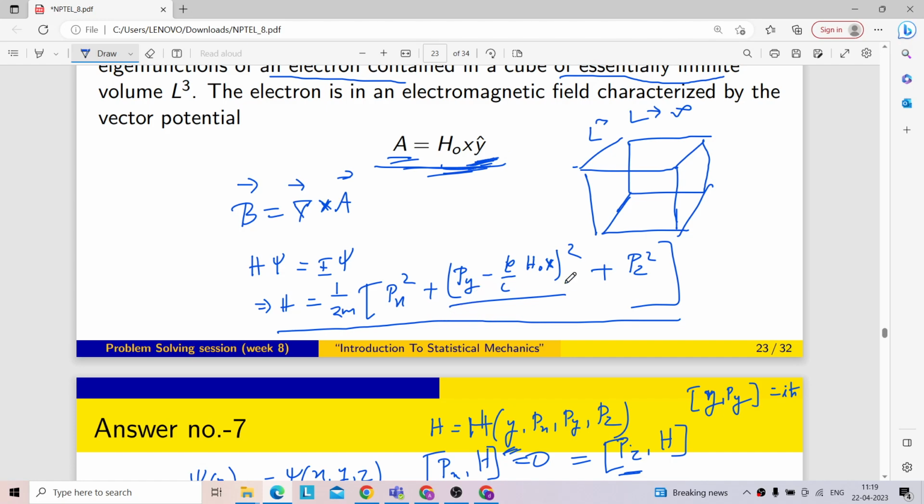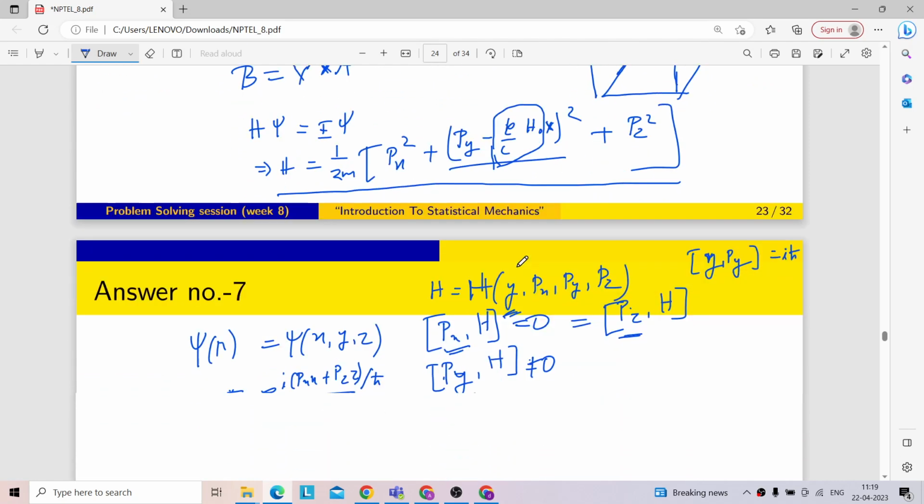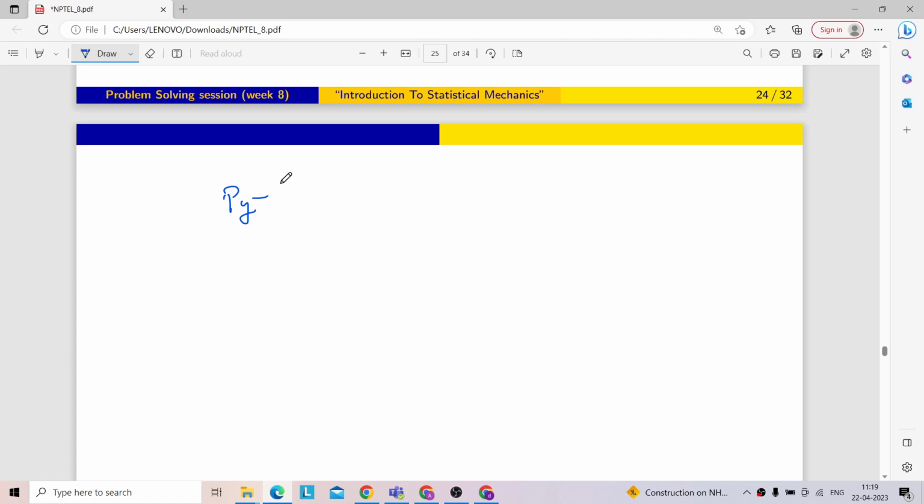Now I can perform a similar operation, like I can take common this part, eH0 divided by c, then I will take the rest of it as some other variable. So let me take common from this part. I have py minus H0 x e over c whole square.